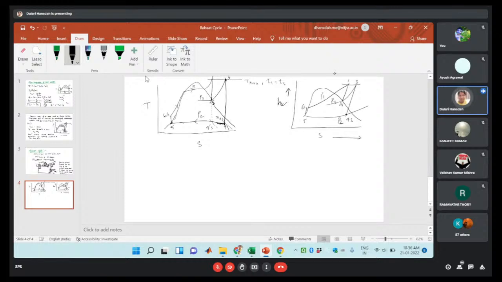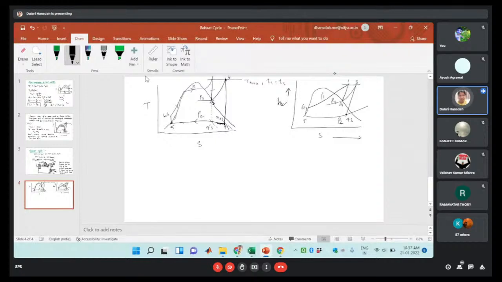So if you are observing this case, the heat is added in the boiler, so that heat addition is done at the P3 pressure. So here the first expansion is done in the high pressure turbine, that is 1 to 2S. So here the outlet of the turbine is at the saturated vapor condition.